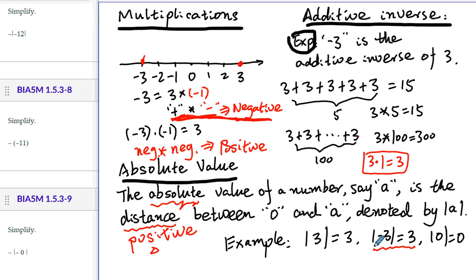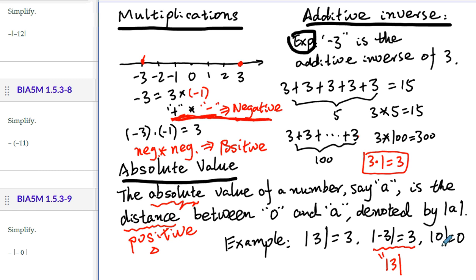Basically, this one will be equal to what? Absolute value of 3. They are equal. Okay? Absolute value of negative 3 equals absolute value of positive 3. They are equal. Equal to 3. Then you may wonder, how about absolute value of 0? That's 0. The distance between 0 and 0 is 0. There is no distance.